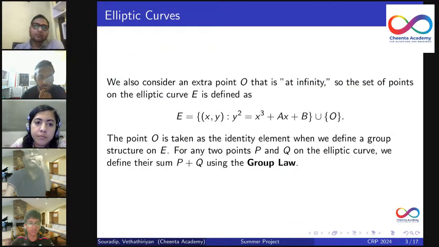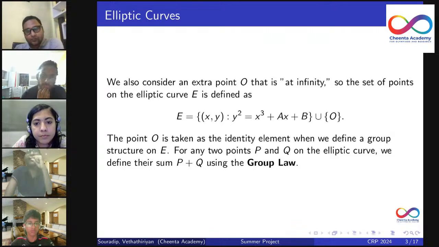With that, we define an extra point O at infinity, which is the point that we define as the identity element, where you perform several group operations, and it will not change the format with any other point on the elliptic curve.